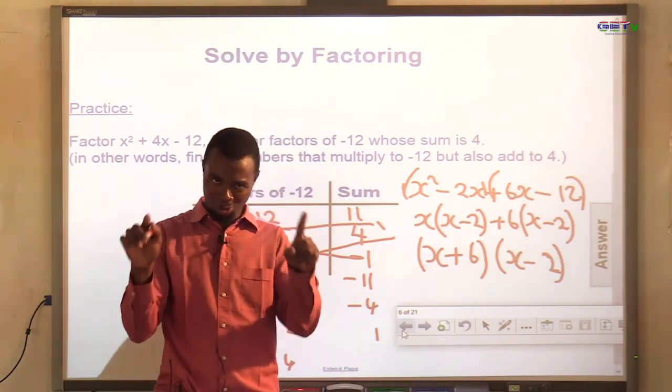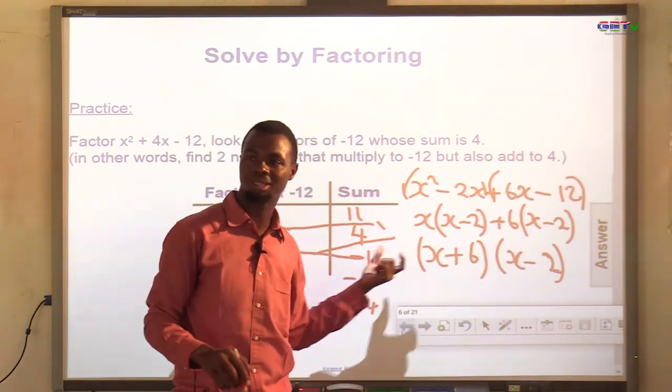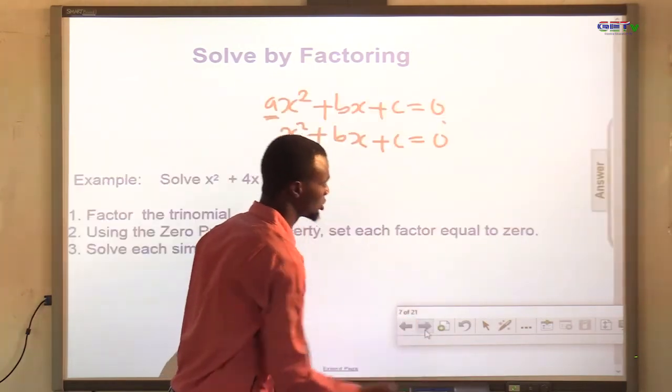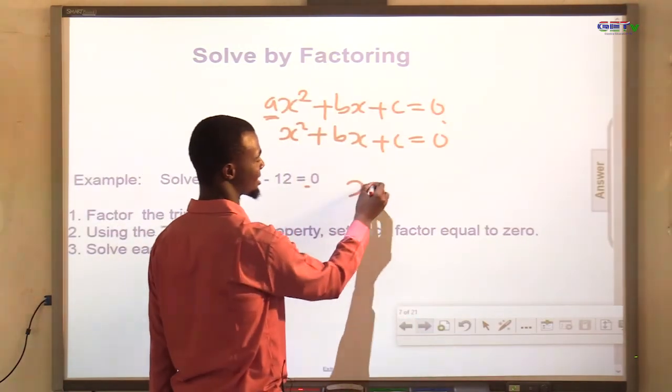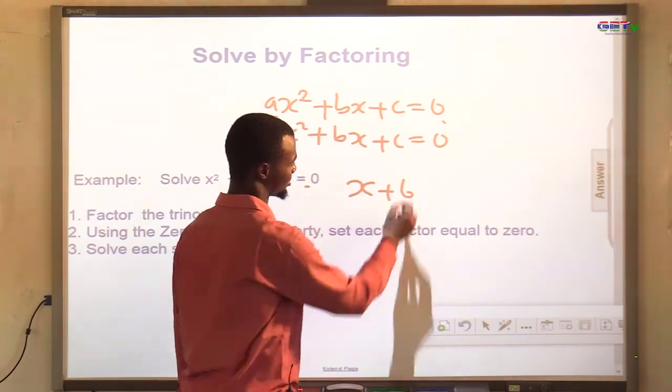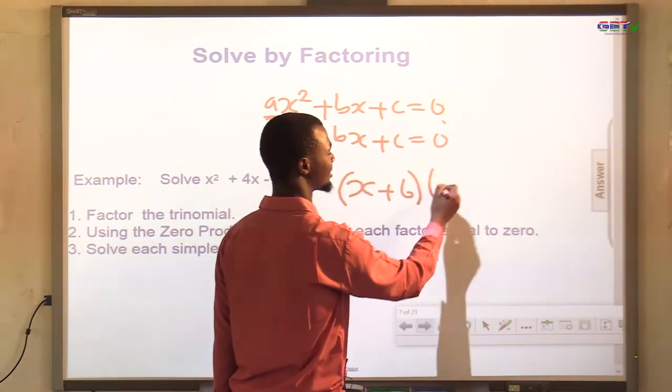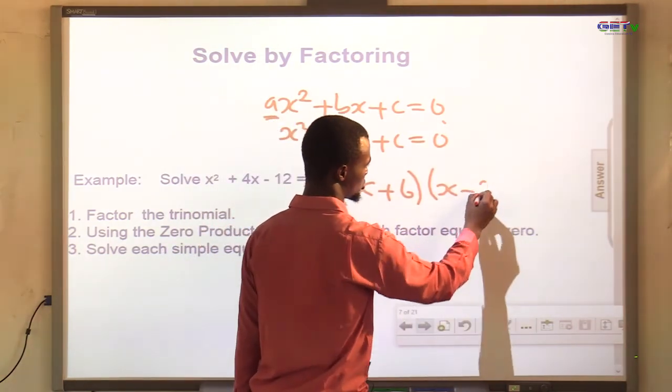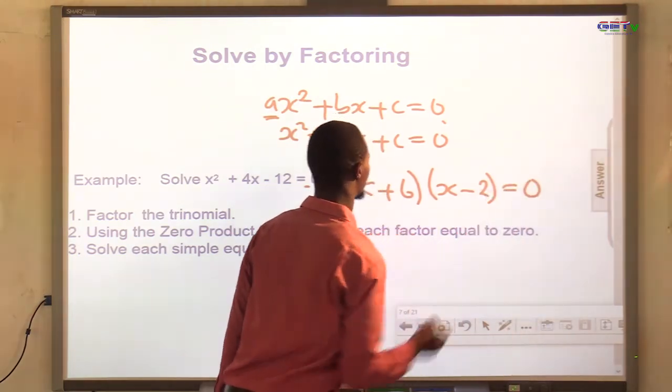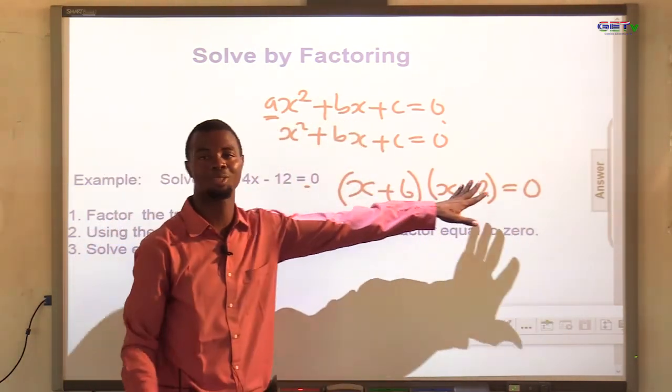I'm not repeating that solution, but I'm just giving you the results for that solution. Now the result there is x plus 6 and x minus 2 is equal to 0. This equation and this equation are the same.